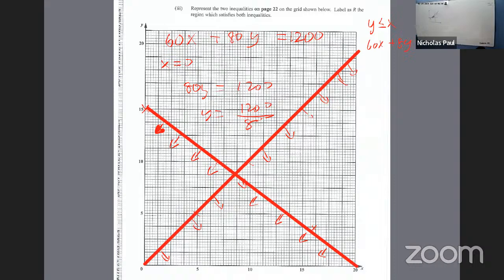Okay? Where is the common region? Where is the common region, Jeremy? Nice. That's the common region. We read off the vertices. I have 0, 0. I have 20, 0. What's this one here, Anya? The one on top.